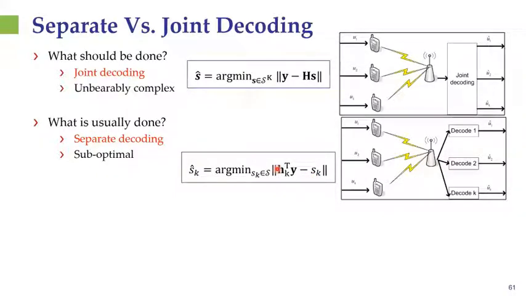As a result, the complexity here only grows linearly with the number of users. However, its performance is strictly suboptimal, and in one of our recent works, we actually characterized how suboptimal separate decoding is in the massive MIMO regime.